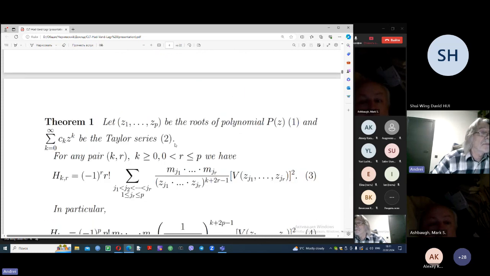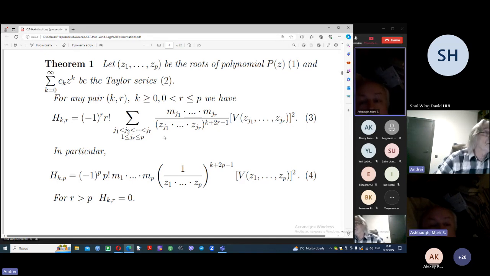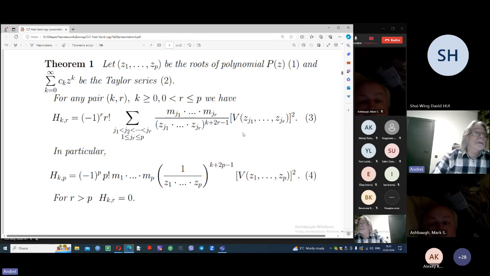So the first result is the following theorem that links the Hadamard and Vandermonde determinants. Namely, this is a formula that relates the Hadamard determinant Hk(r) with the Vandermonde determinant, and again the roots and multiplicities.